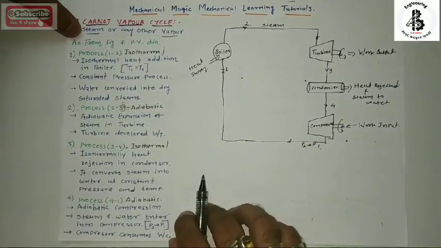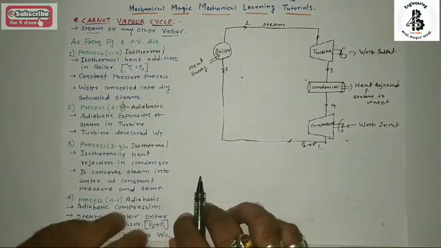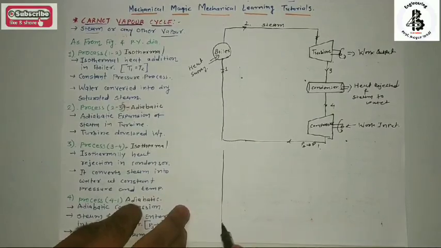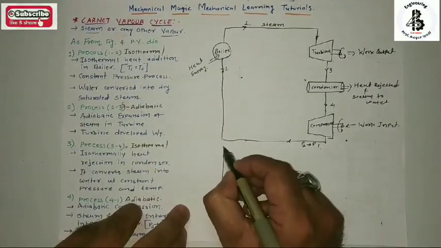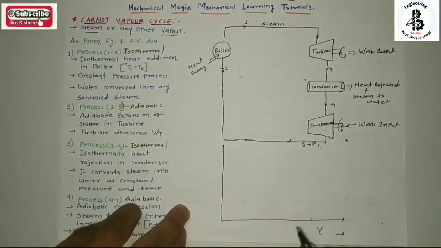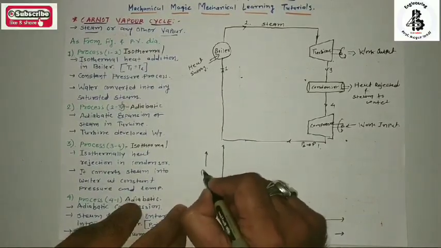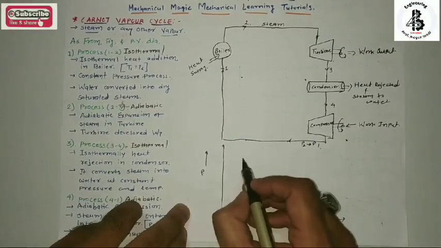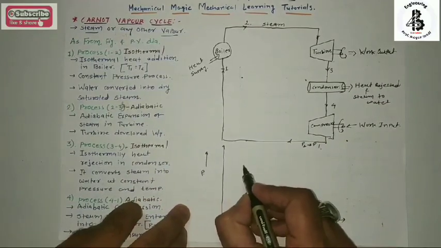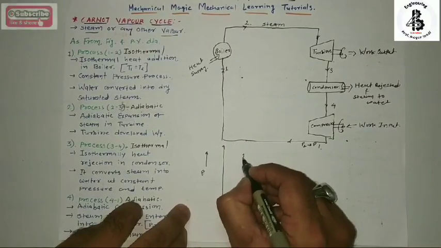So let us see it on a PV diagram. Here the x-axis and y-axis: volume V, pressure P. The 1 to 2 process is the isothermal process, or you can say constant pressure process.